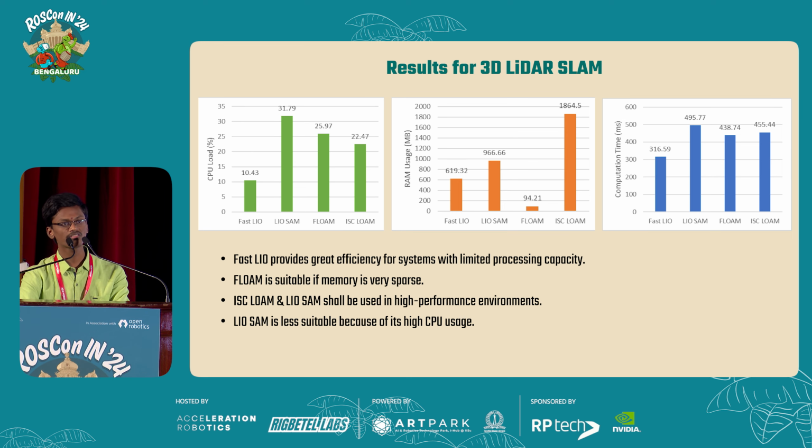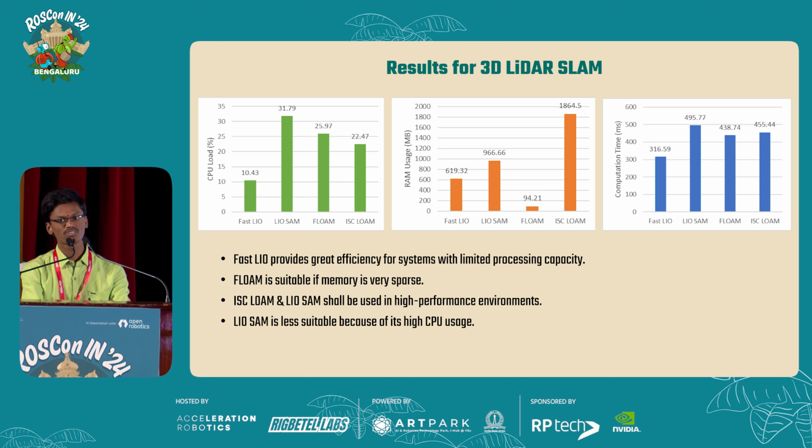So these are the results of 3D SLAMs. Fast-LIO processes the SLAM and completes the process in a quicker way when compared with other SLAM algorithms. So if in any application we require the map immediately within a short time, then we can move with Fast-LIO.